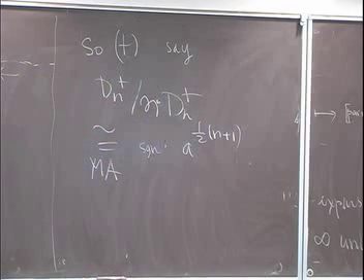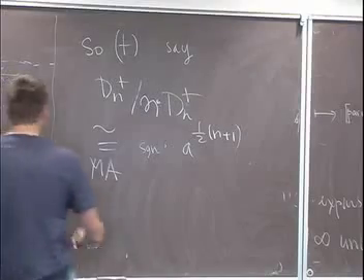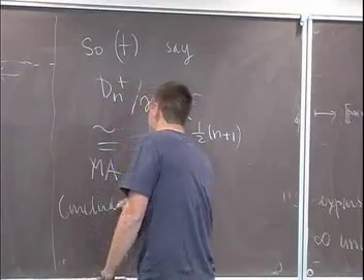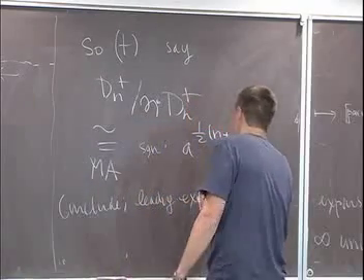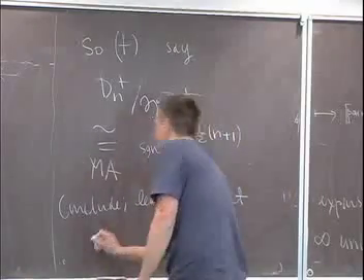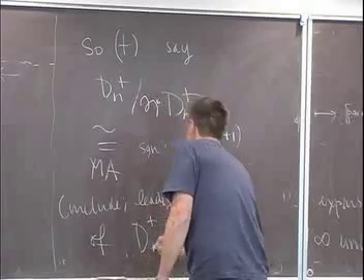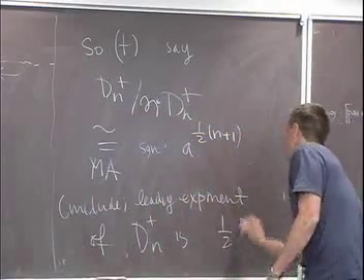Okay, that character. So is that clear, how we're going back? And so we conclude that the leading exponent of D plus n is 1/2 n plus 1.